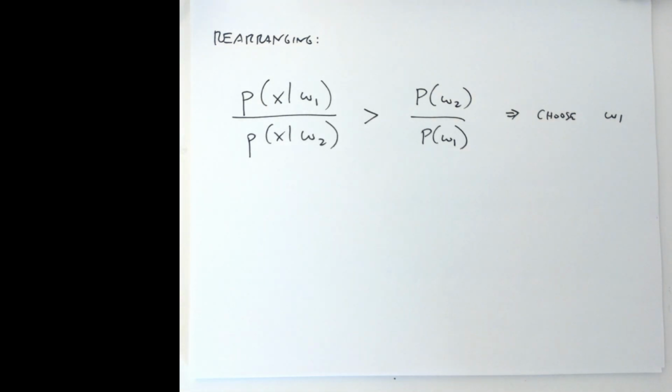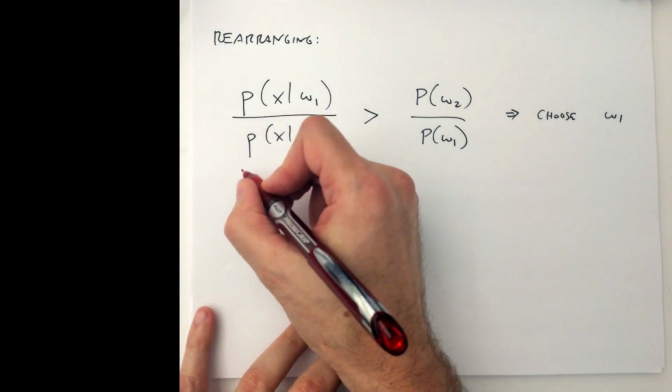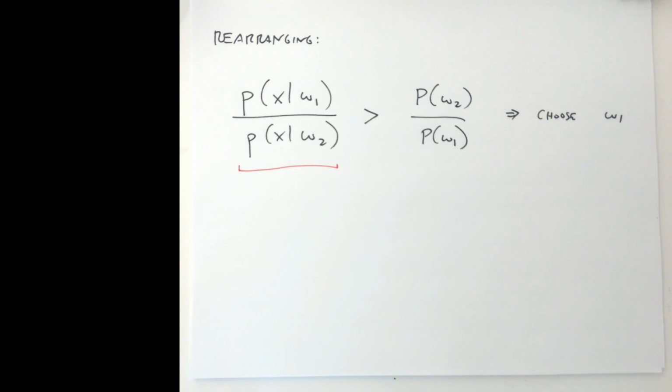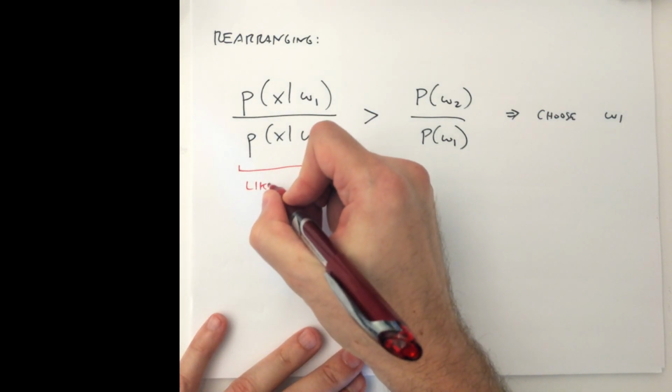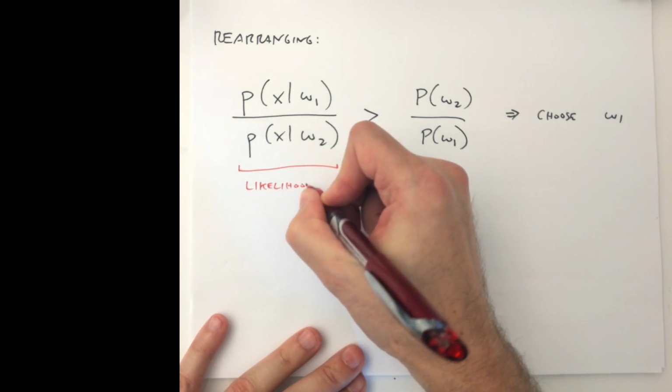If it's not, the other way around. The nice way of looking at it is that this here, oddly enough, is called the likelihood ratio, because it is in fact the ratio of likelihoods.